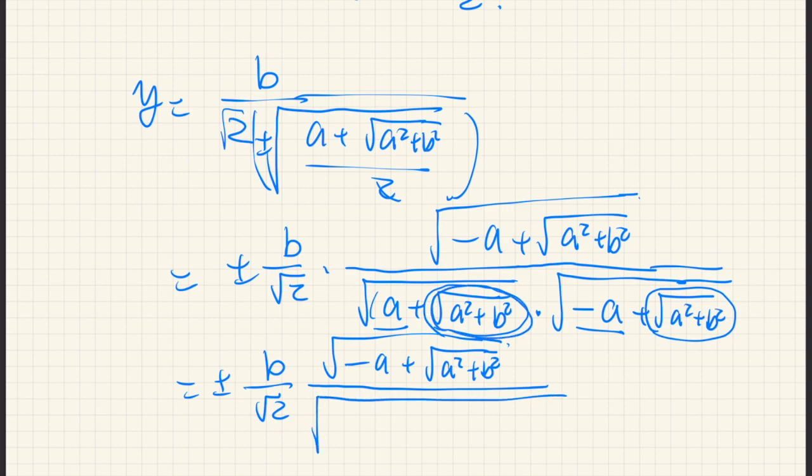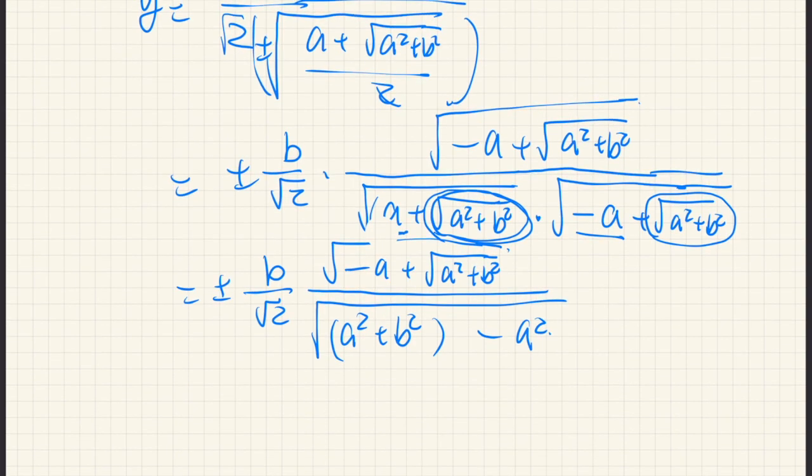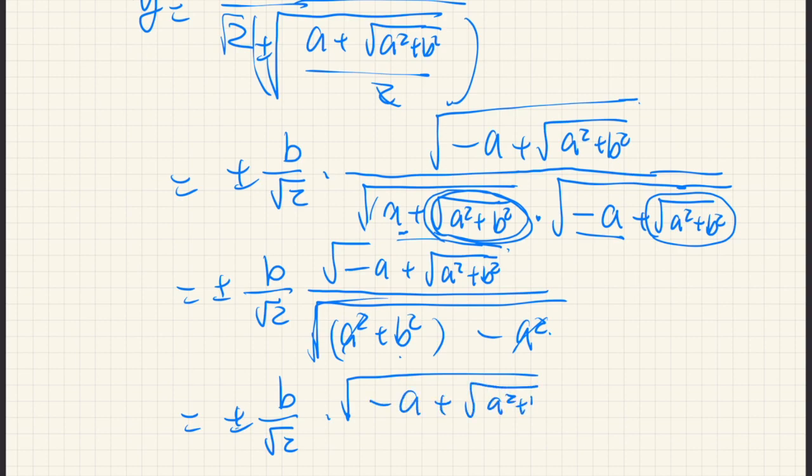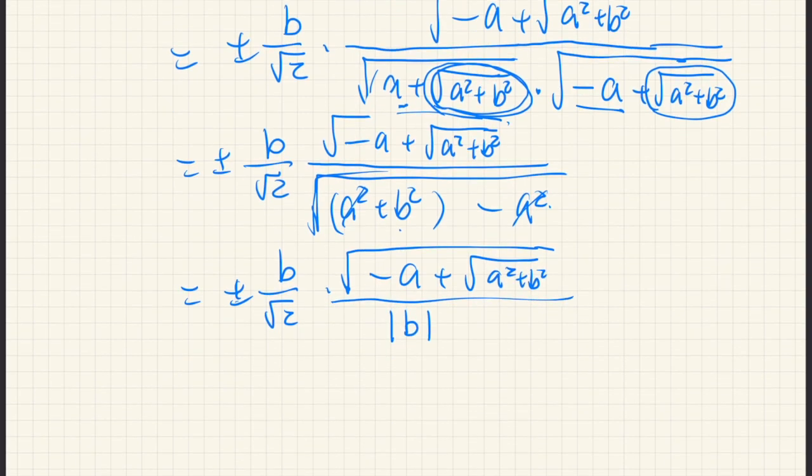The square of this is a squared plus b squared, minus a squared, so that is just b squared. And the square root of b squared is the absolute value of b.